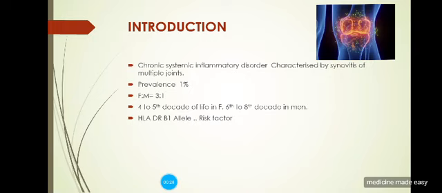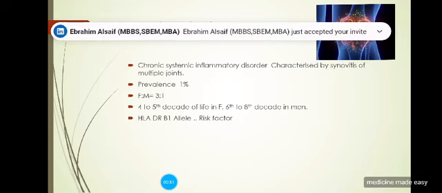So rheumatoid arthritis is a chronic systemic inflammatory disorder which is characterized by synovitis of multiple joints. Its prevalence is 1% of the population, these are American figures, and it is more common in females, thrice as common as compared to males, present in the 4th to 5th decade of life in females and 6th to 8th decade in men.